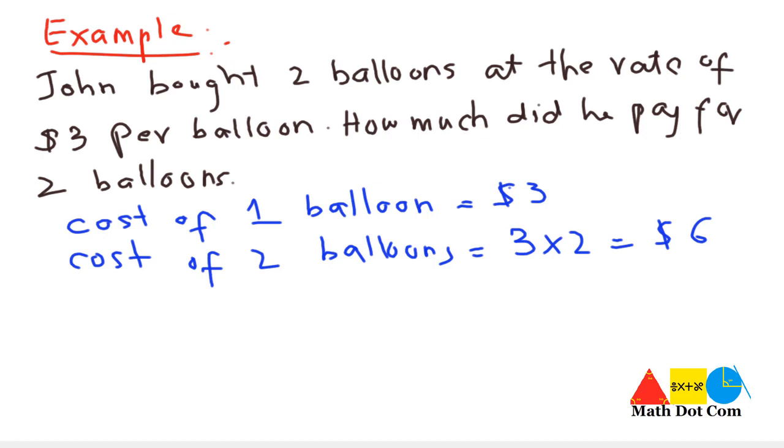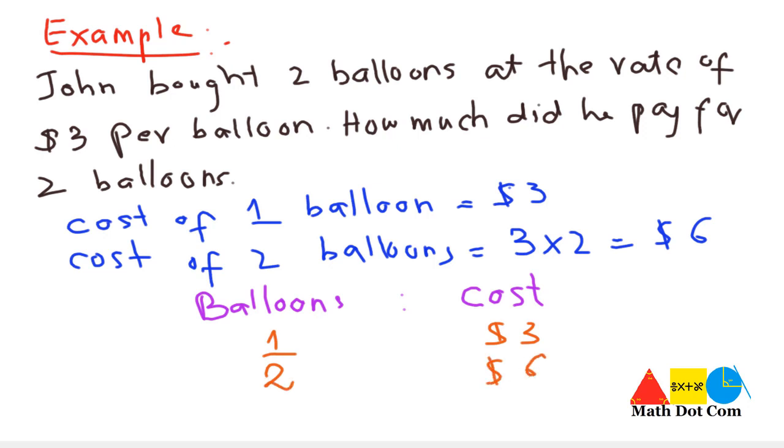We will write balloons here and cost here. The ratio of balloons: for one balloon the cost was $3, and for two balloons the cost was $6.